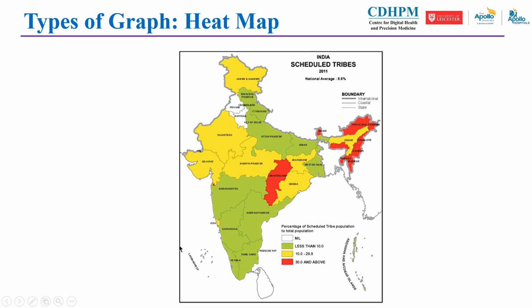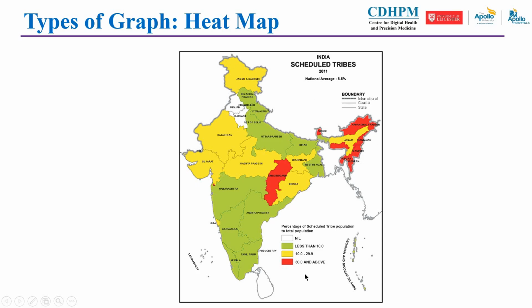So immediately what you can see is Punjab and Haryana have 0% or no scheduled tribe population, whereas on the other end you have Chandigarh, which is having more than 30% of scheduled tribe population, followed by Nagaland, Arunachal Pradesh and Tripura, where there are more than 30% of scheduled tribe.